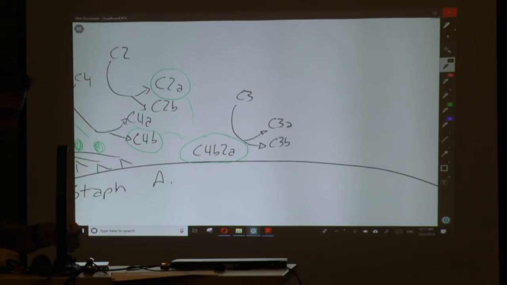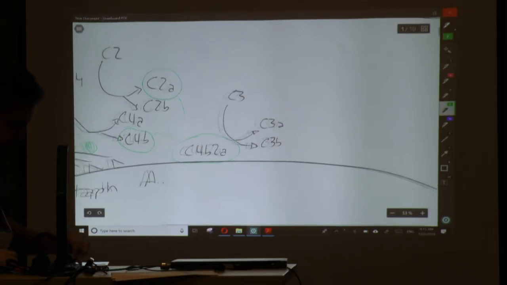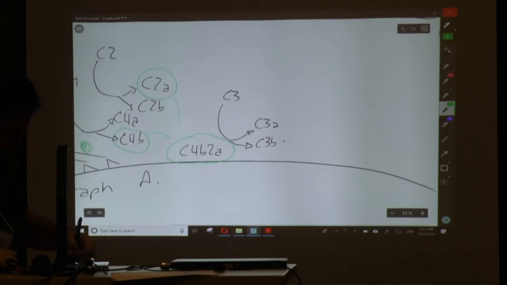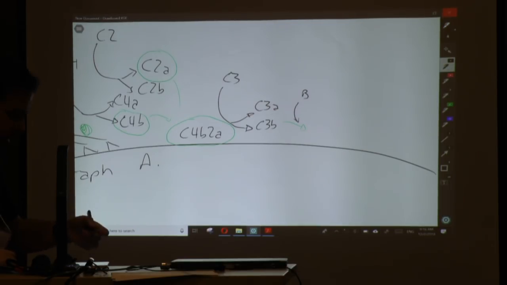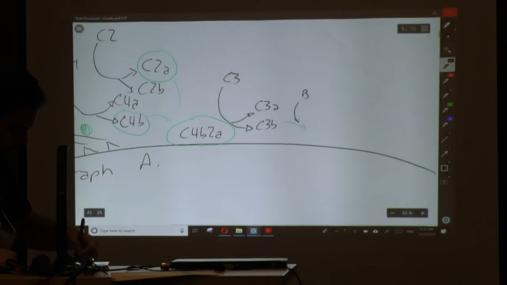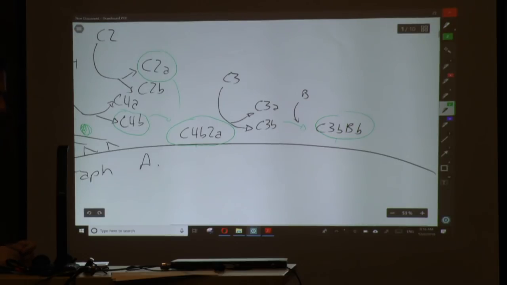Cool. And then C3b, let's just draw it really quick, right? C3b can come in along with factor B, and then you have factor H and all that. I'm just skipping steps so that we can get through the whole thing. But basically, in the end, you end up getting C3b, big B, little b, which is your alternative C3 convertase, right?